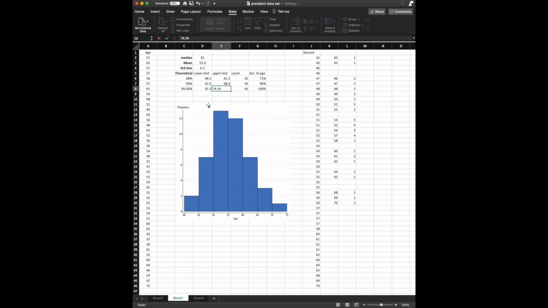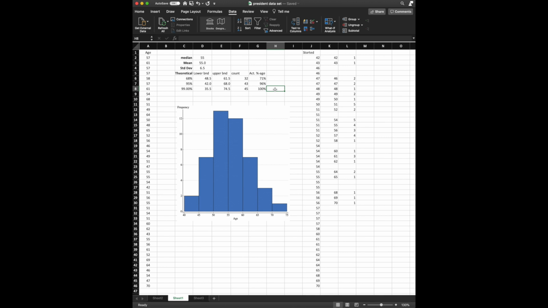Yeah, that's good. At the end of the day, the smallest I can go is down here to 42, and the largest I can go is 70. So all 45 pieces of data are contained, and I do get that 100%, which is awfully darn close to the 99.7%. I hope this helps to clear up the difference between the theoretical and the practical.